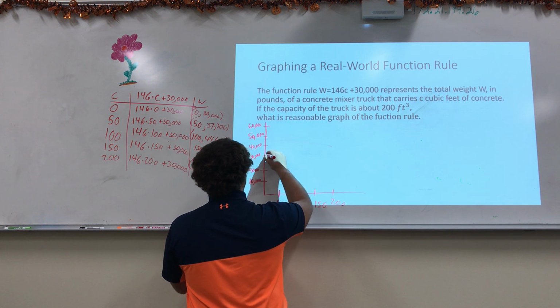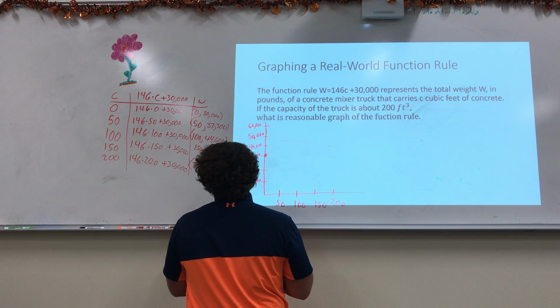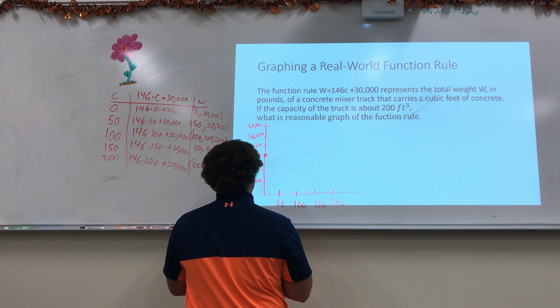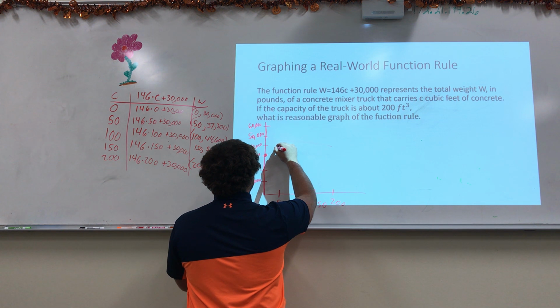So, at zero, just with my truck, it was 30,000. Then I started putting on some feet squared, or cube, on my truck. I got 37,000 after 53, so we're probably about right here.